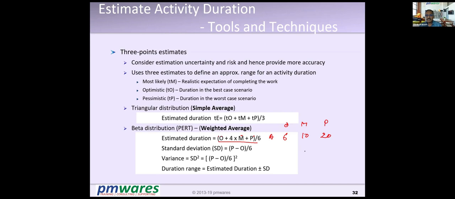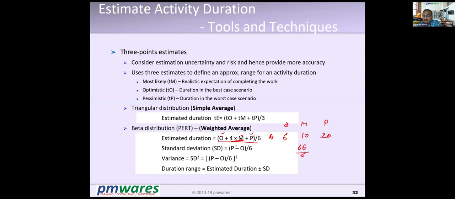Then I will calculate this formula: 6 plus 4 into 10 plus 20. So it becomes 66 divided by 6. Why 6? Because 1 is this, 1 is this, and 4 into m. The 4 points are m. So we are concentrating on m. We are giving more weightage to m.